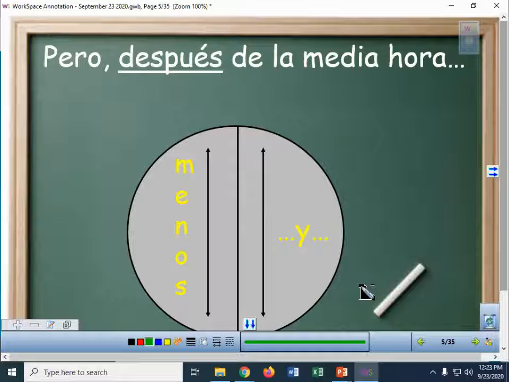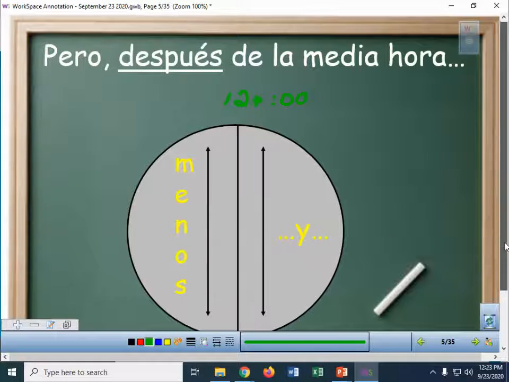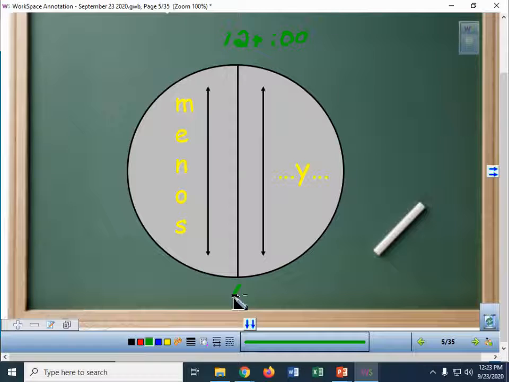But what happens after 30 minutes? Now, from 12, which is 00 minutes, till 30, remember there's a 6 here, and that equals your 30-minute mark, we use the word y.